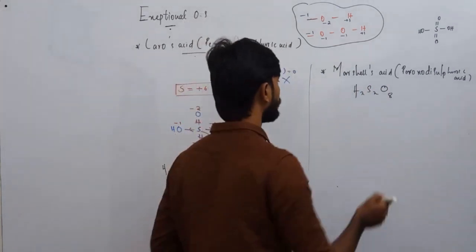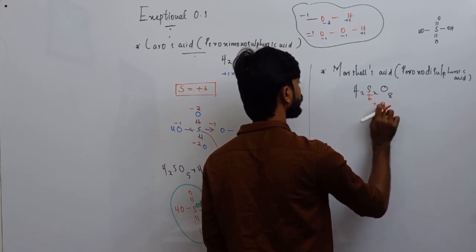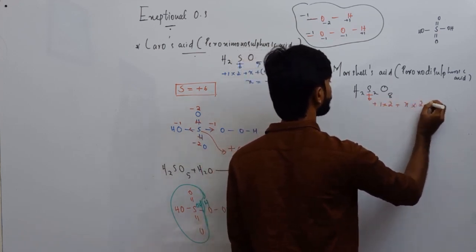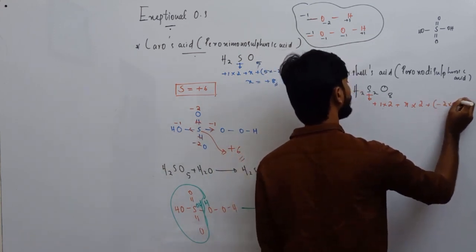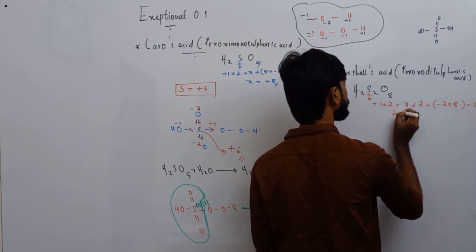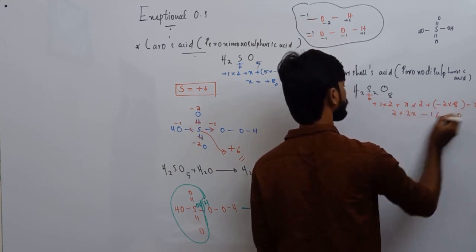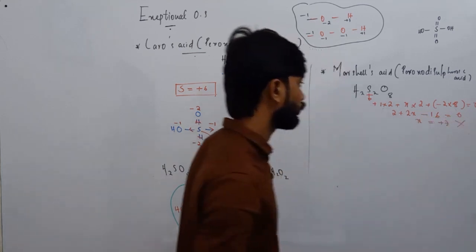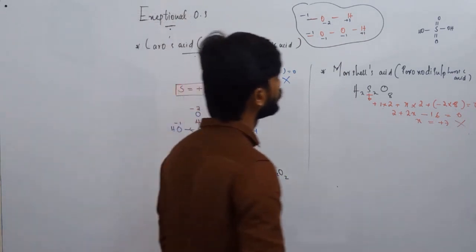What about the oxidation state in a normal sense? +1 into 2 from the hydrogen part, plus X into 2 from the sulfur part, then -2 into 8 from the oxygen part. So 2 plus 2x minus 16 equals 0. So X is equal to +7. But that +7 is also pseudo because it will not exceed +6, because +6 is the limit of sulfur. Okay.